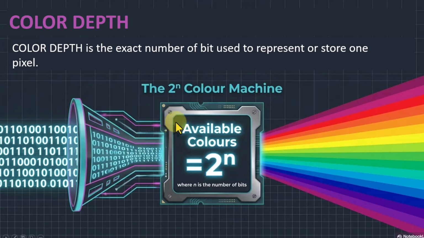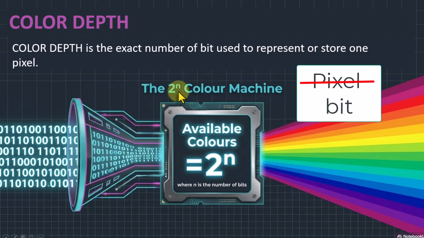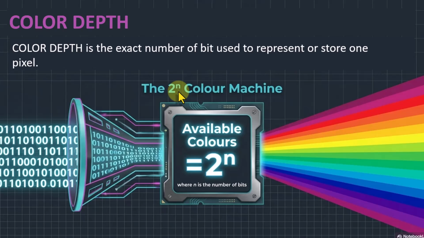And how many different colors can we represent with that? We have this simple formula: 2 to the power of n. If we have 1 bit per pixel, 2 to the power of 1 is 2, so we can show only 2 colors, for example black and white. With 2 bits, we can store 4 different colors. With 3 bits, we can store 8 different colors.